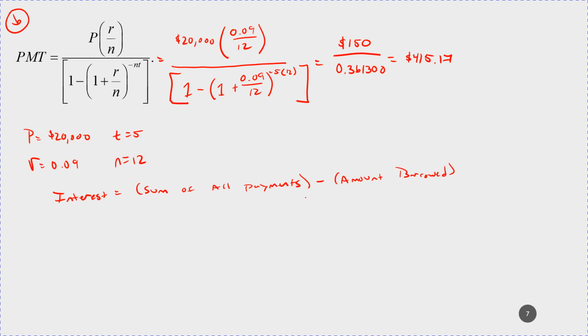Okay, so you have to remember this is a 5-year loan, okay? So your monthly payment is $415.17 times 12 months, but for 5 years, so we're times it by 5, minus this $20,000, the original amount you're borrowing.